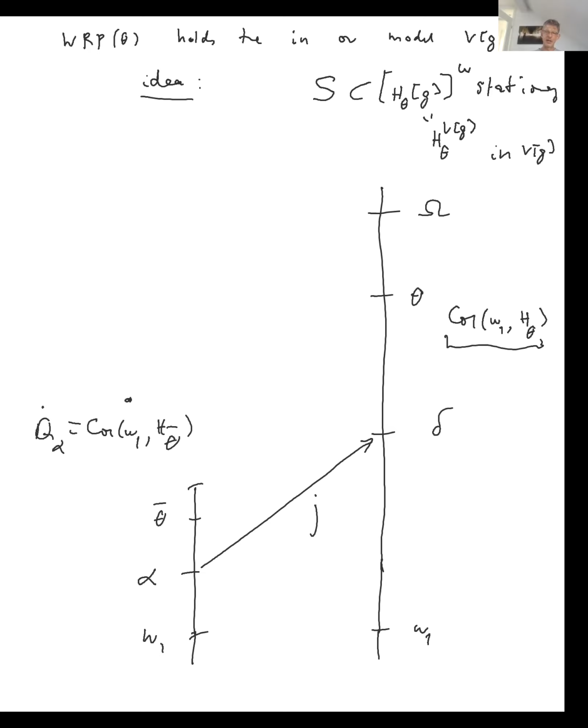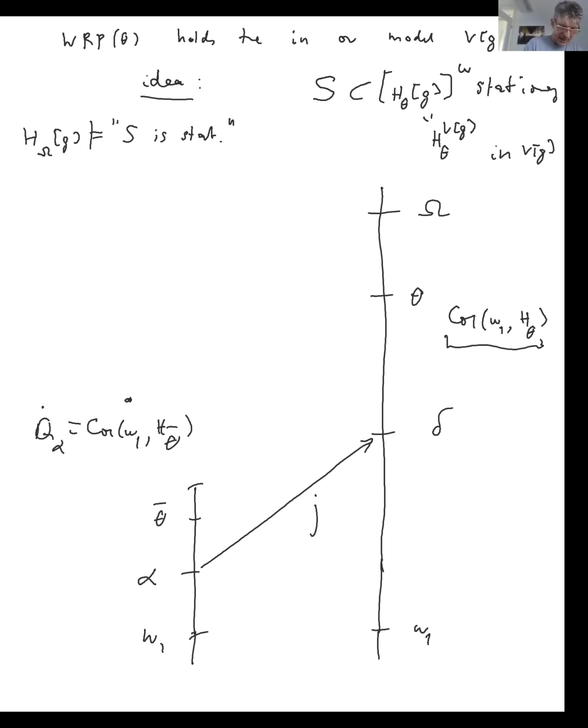Okay, and then we may verify that just by elementarity, so upstairs, the H omega adjoin G thinks that S is stationary, a stationary subset of H theta of G to the omega.